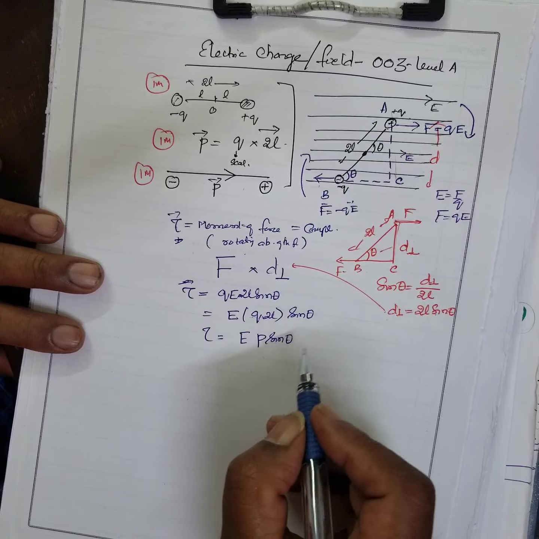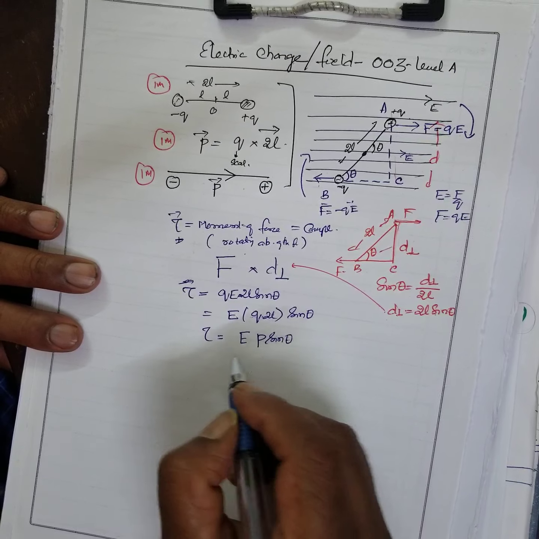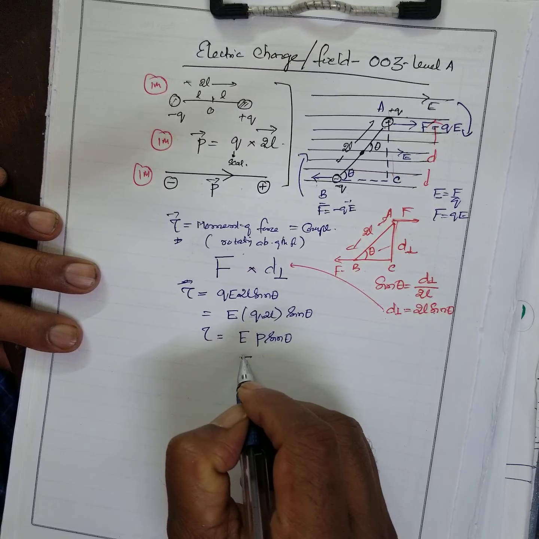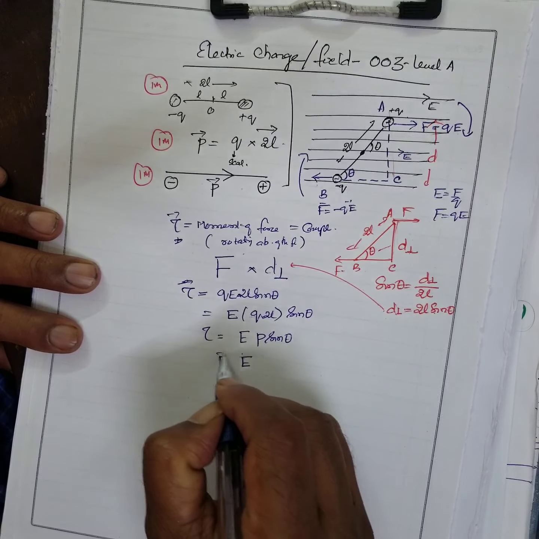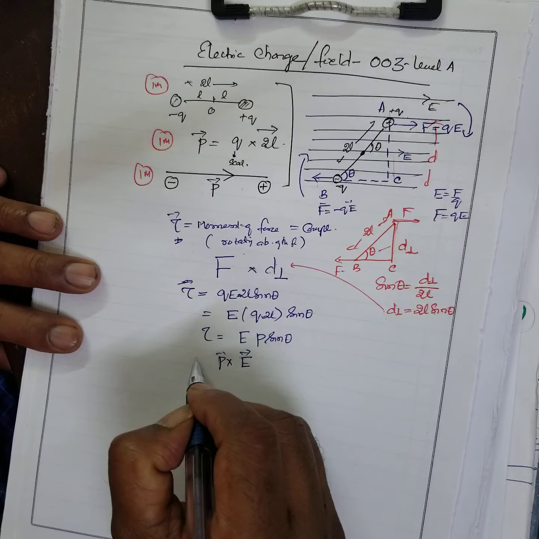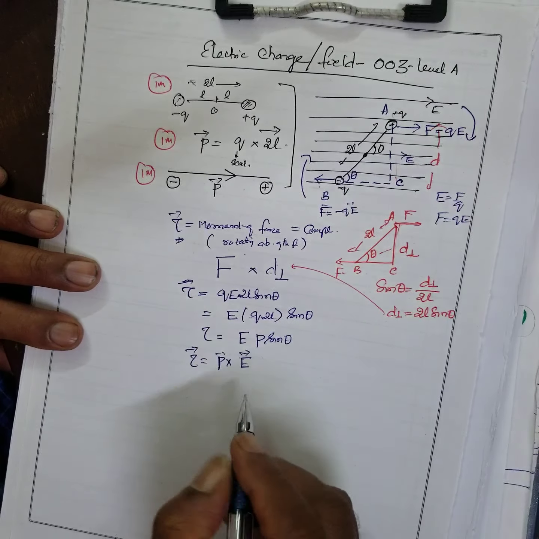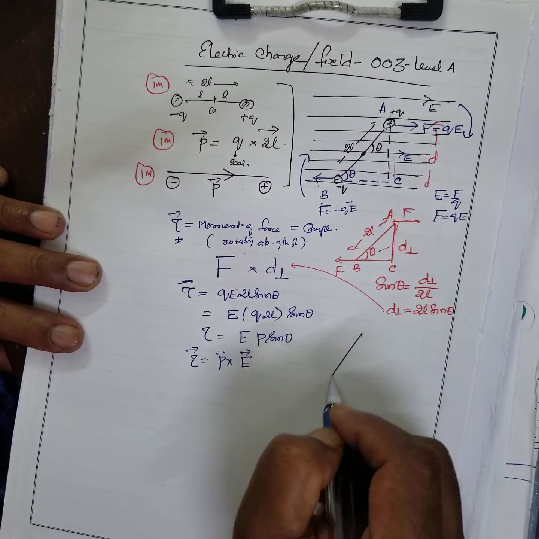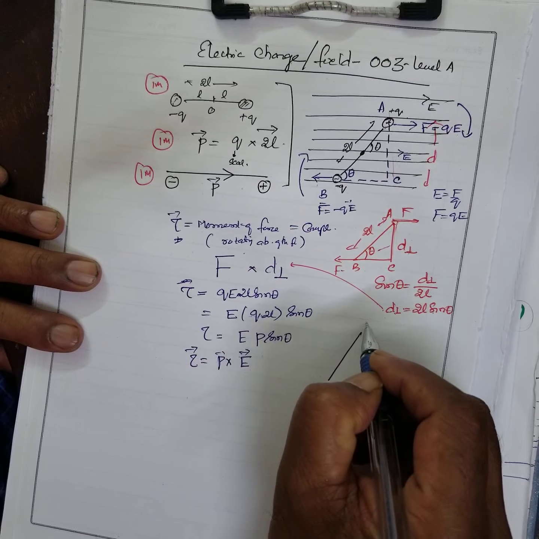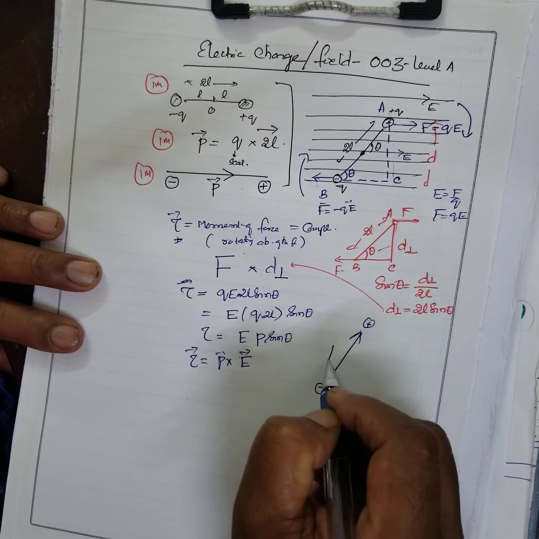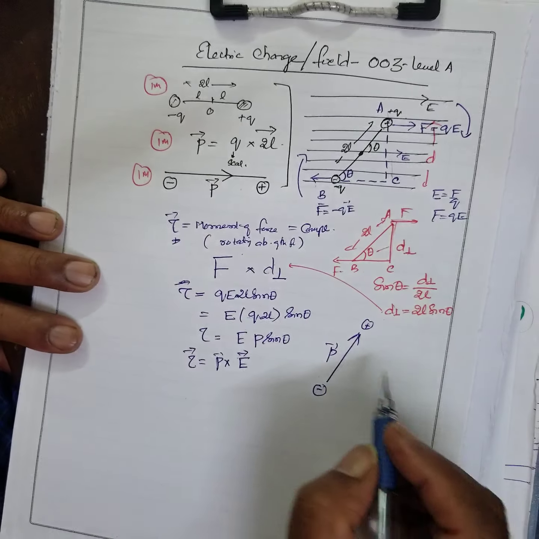Then normal to the plane. Therefore, this is also equal to P cross E. This is a vector quantity. See, what is P? P is always from negative to positive. P is the vector in this direction.